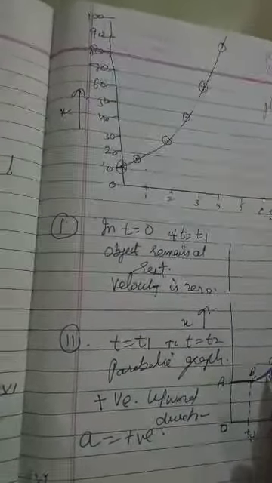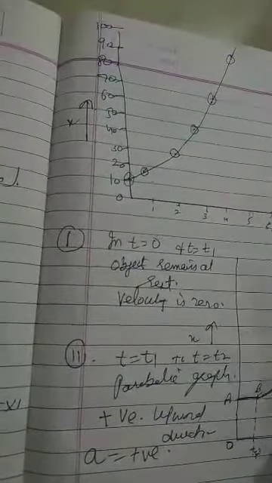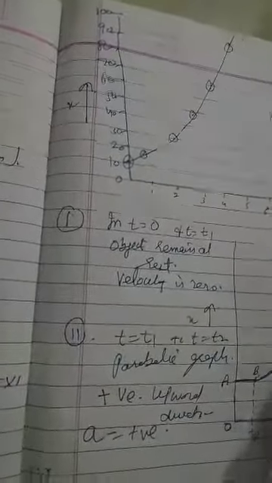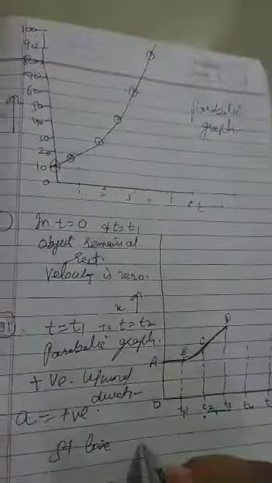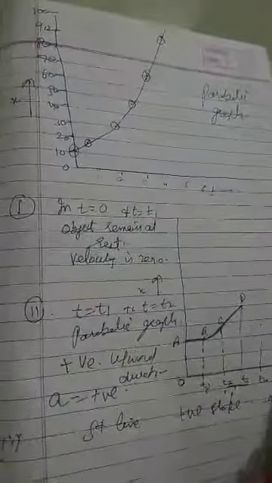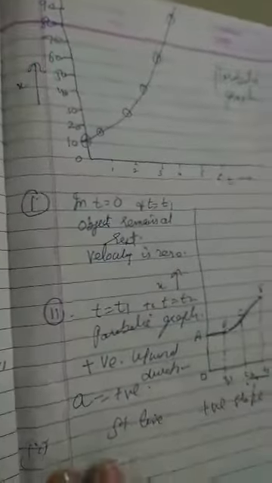After speeding up, it will remain at the same velocity for some time, which means this CD portion will be a straight line inclined to the time axis, a straight line with positive slope, with constant velocity.